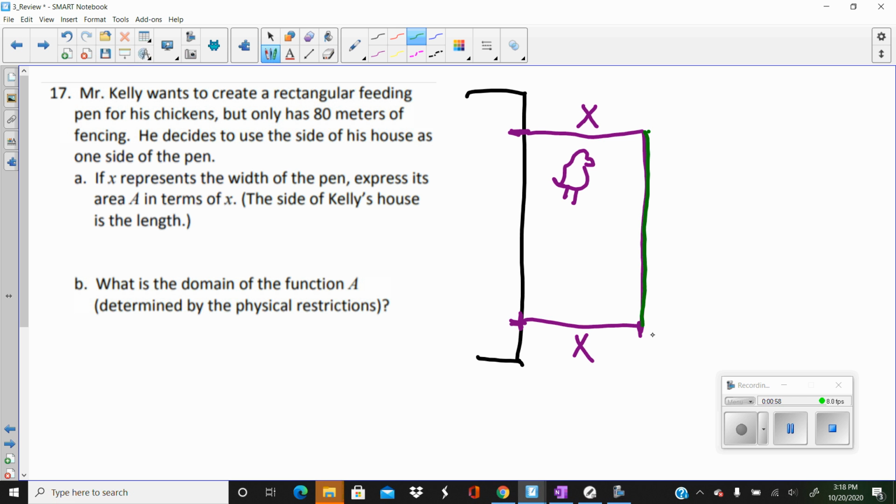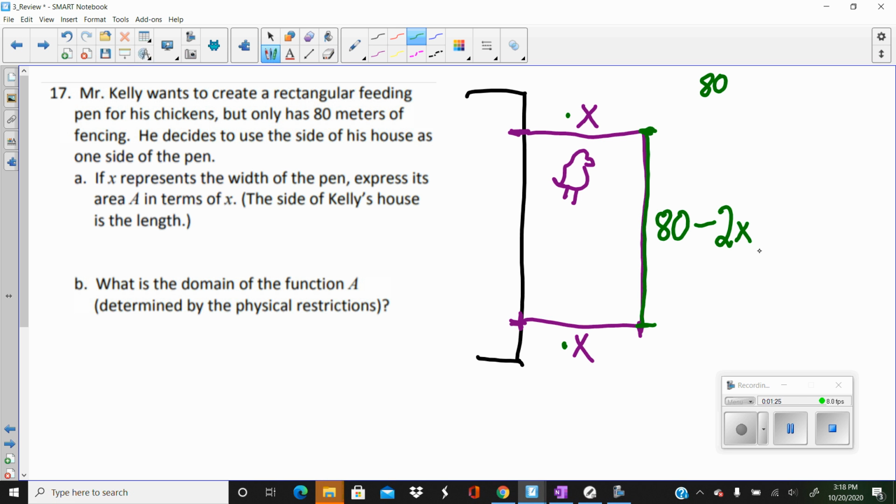If we have 80 meters total of fencing, and we've used up X meters here, and we use up another X meters here, that means that what is left for this distance right here will be 80 minus X plus X, or 80 minus 2x.